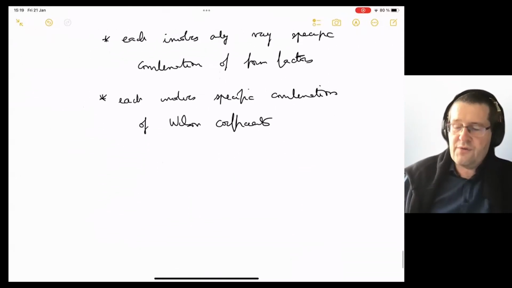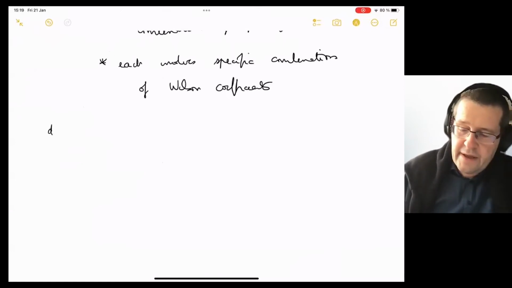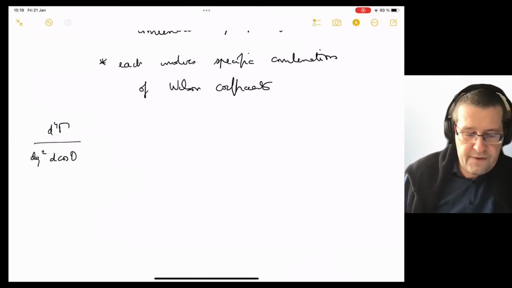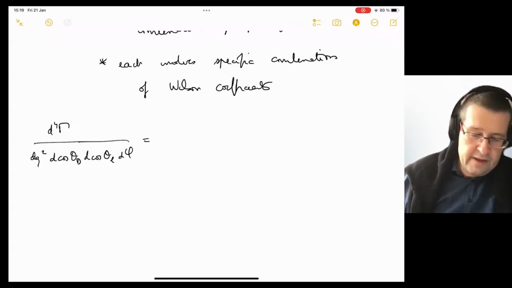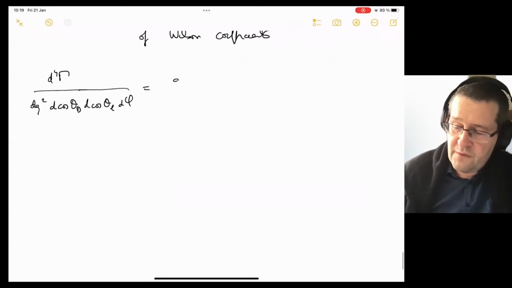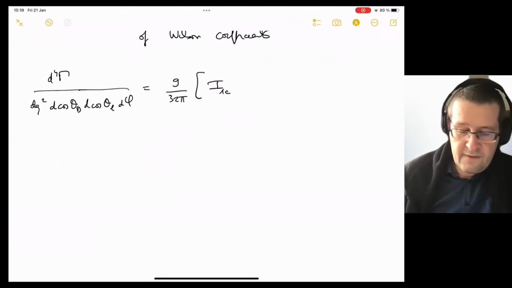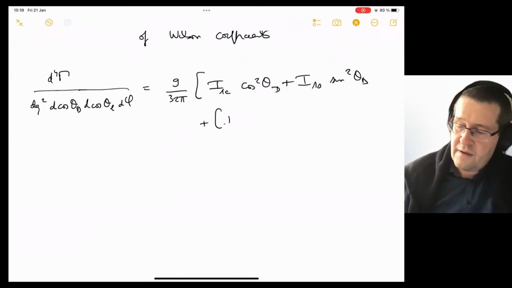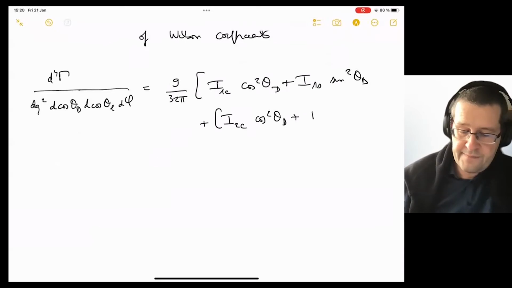So I'm not going to hammer through the whole structure. That wouldn't be very informative. Just to tell you that in the end, you will be able to express this decay rate in terms of some angular coefficients that you can measure.